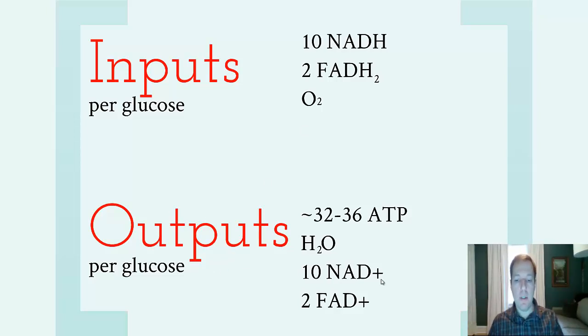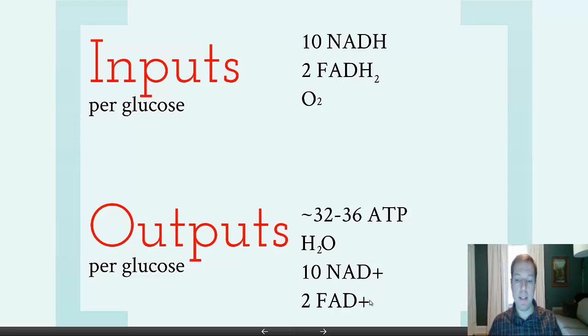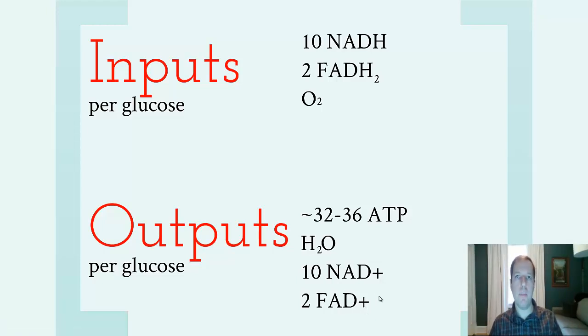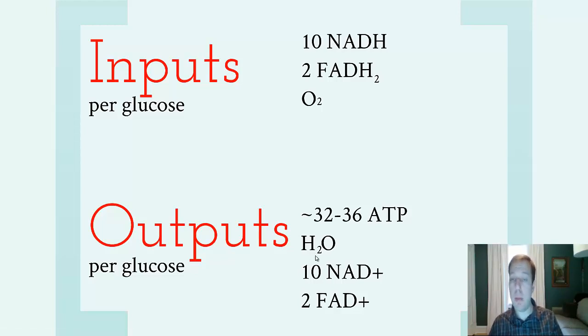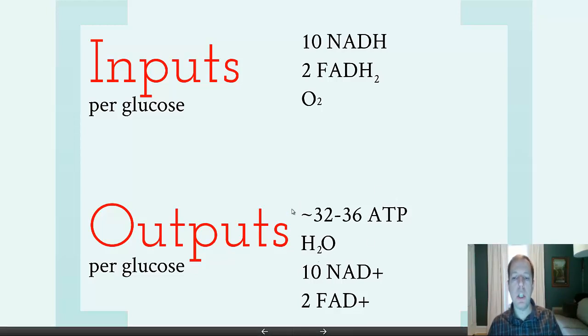And as the outputs of this, we oxidize those electron carriers, making NAD plus and FAD plus, which are going to return back to glycolysis, the link reaction, and the Krebs cycle, where they can be reused and re-reduced. We're going to produce water, which is a byproduct, which will either remain in the organelle or exit back into the cytoplasm. And we're going to produce a large quantity of ATP.